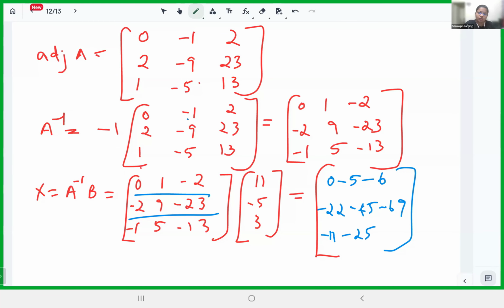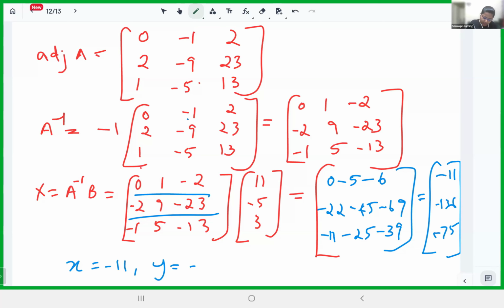Then minus 13 into 3, that is equal to minus 39. So, the answer is matrix minus 11, minus 136 and minus 75. So what are the values? X equal to minus 11, y equal to minus 136 and z is equal to minus 75.